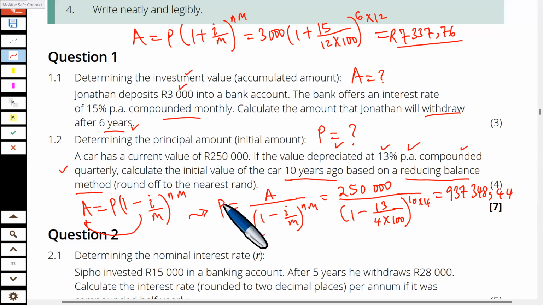So the value was present that depreciated to this. How much was it? So we are calculating the initial value of the car 10 years ago. And it's actually this. That is what I'm certainly getting.